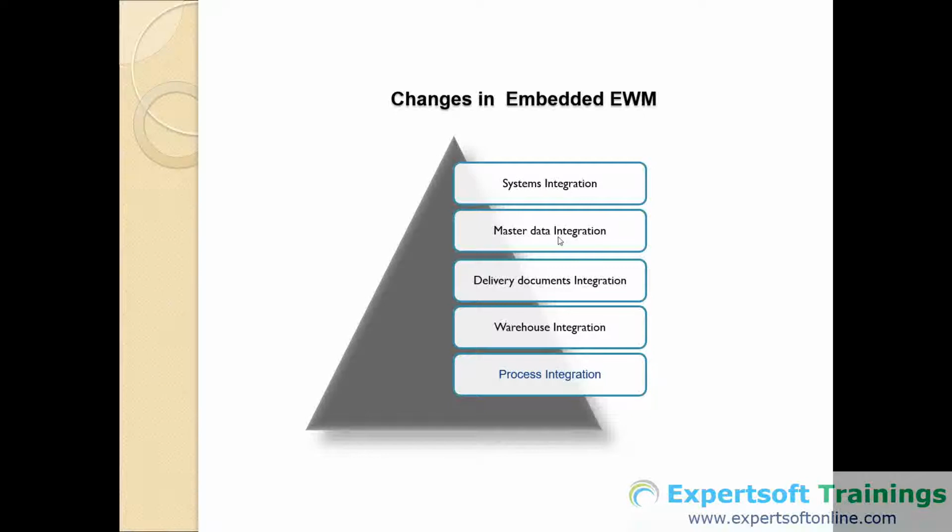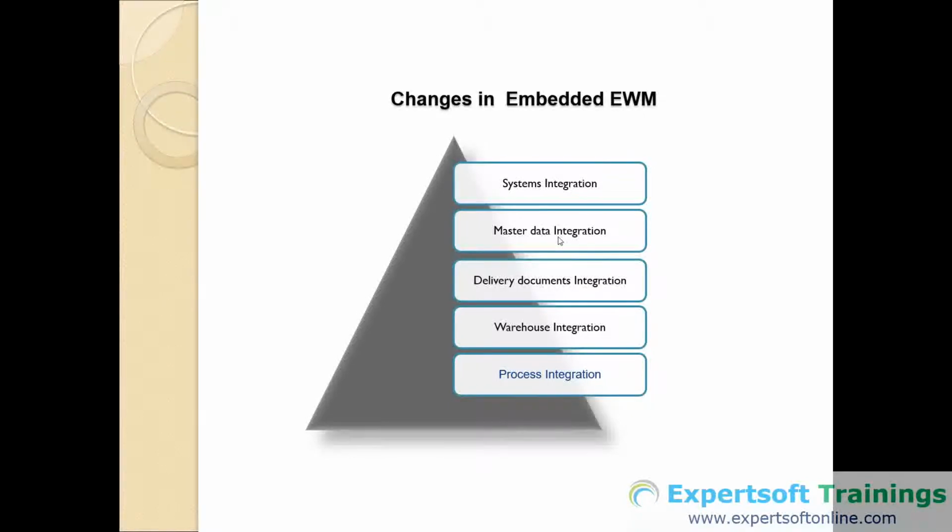The same material master needs to be transferred to the EWM system as your product master, along with your customer, your vendor, and your shipping point. All the master data we have in the ERP needs to be replicated again to the EWM system, as we need to have the same set of master data in the EWM.